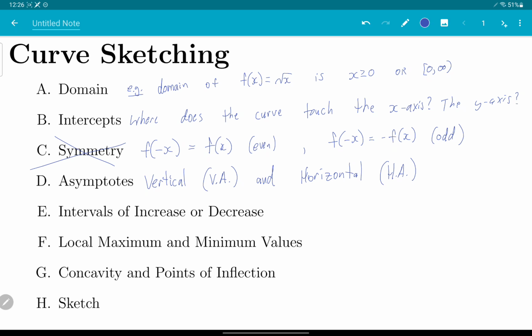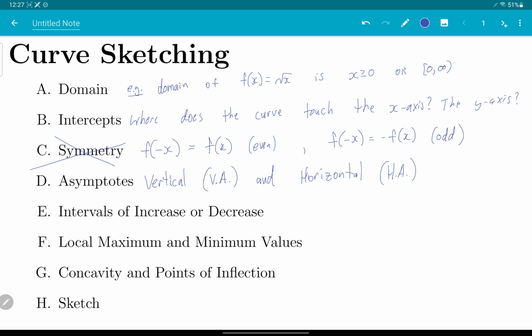What this boils down to a lot of times is just plotting the local max and local min values and connecting the dots in an intelligent way. Connecting the dots intelligently means using what you know about concavity and what you know about the intervals of increase and decrease. Asymptotes can kind of make things more complicated, but we'll deal with that as it comes.